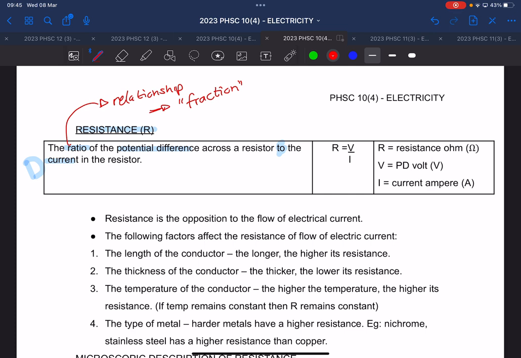So the ratio of boys to girls is going to be 10 over 12.